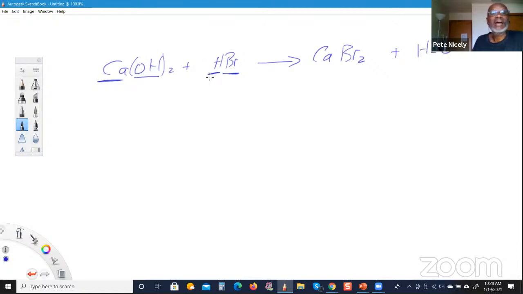Now to balance this, we have to put a 2 here and put a 2 here. And that would be the balanced equation for this neutralization reaction.